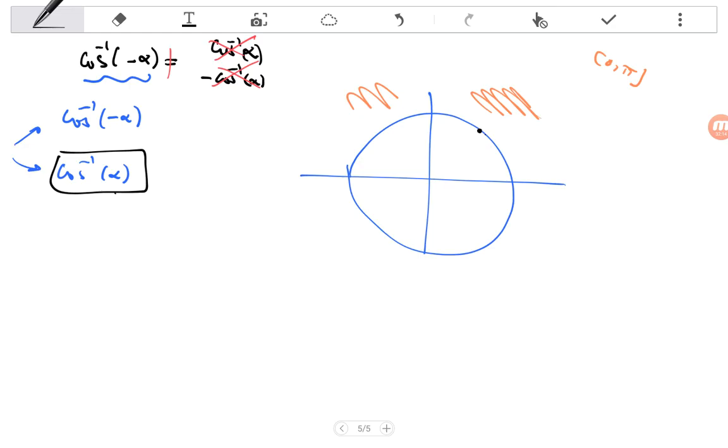You remember that we have learned that a point moving on the unit circle will have coordinates cosine theta and sine theta. So the cosine is always related to the x coordinate. So this is just an angle that has an x coordinate equal to alpha.